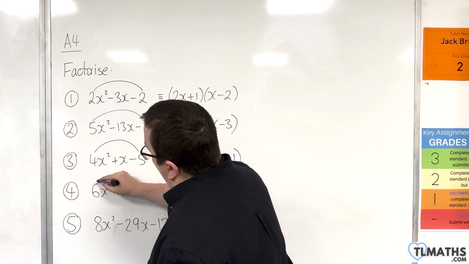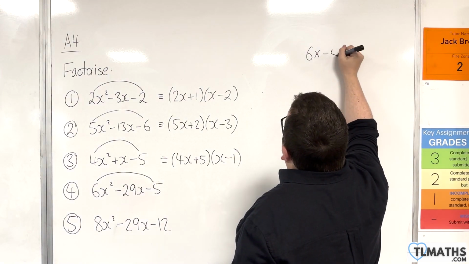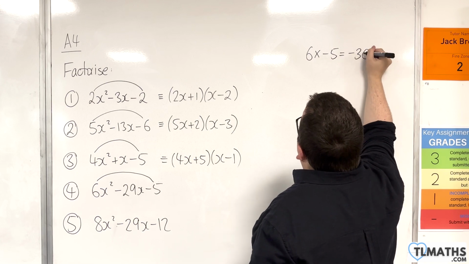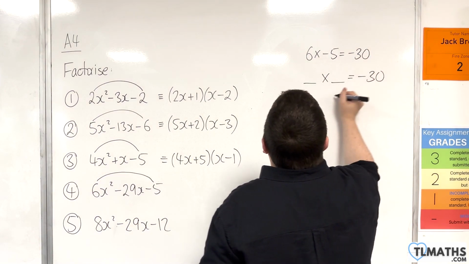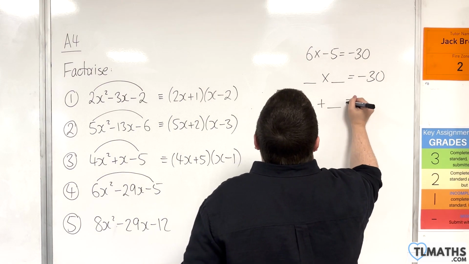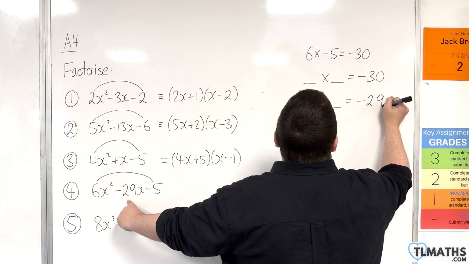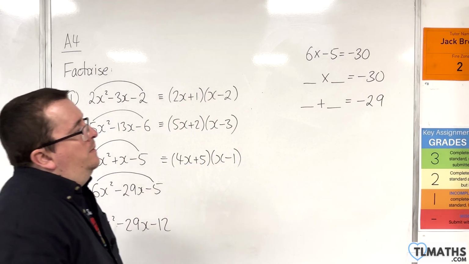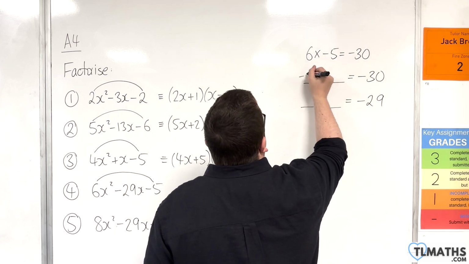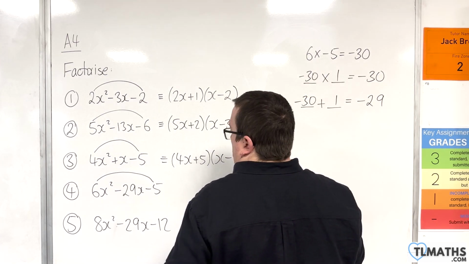So first of all, multiply the 6 and the minus 5 together. So that gets us minus 30. So we're looking for two numbers that multiply together to make minus 30, but add together to make the coefficient of x, which is minus 29. So, minus 30 and 1, that'll work, won't it?